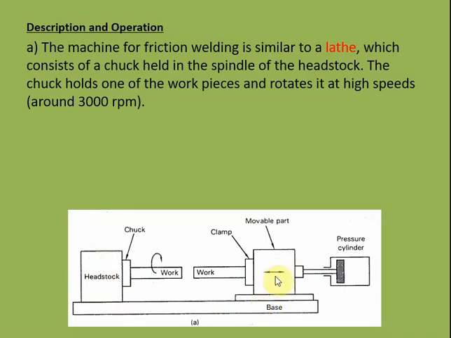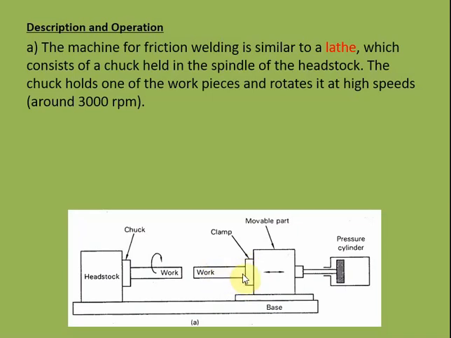Now the other side, the movable part or the tailstock. The tailstock can be moved to and fro. It has a work holding clamp here, and this clamp is stationary.